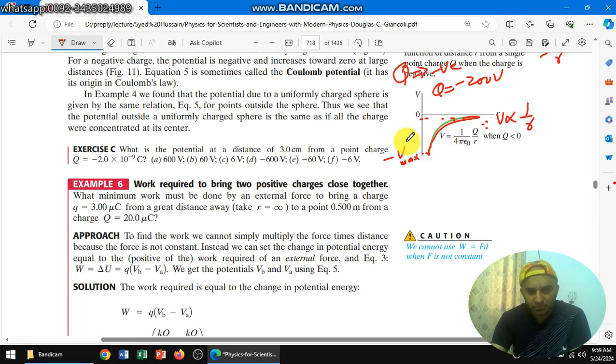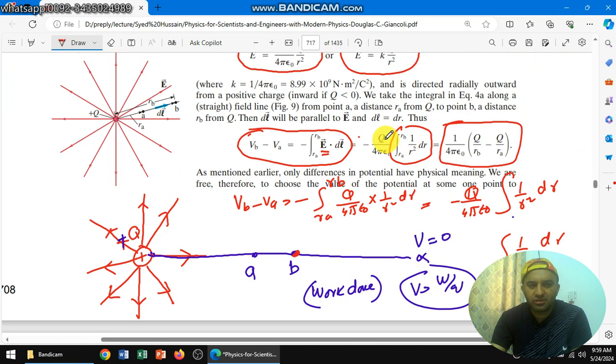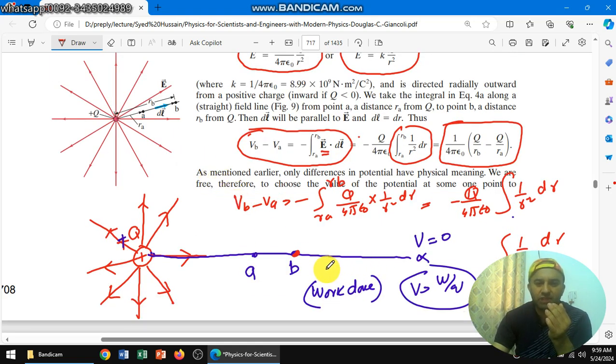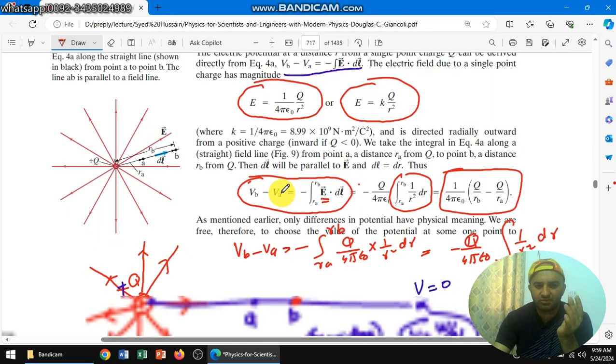If I summarize this, if we have a point charge plus Q and we need to determine the potential due to this point charge, we bring another charge into this field, so we have to perform some work. The formula for work done is VB minus VA equals minus the integral of E dot dl.